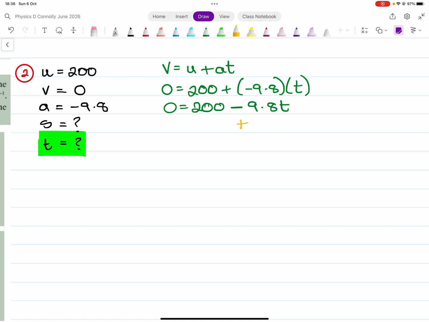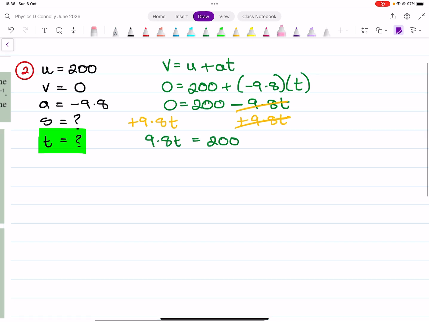If I do plus 9.8T on both sides, that gives me 9.8T equals 200, and I would like to isolate the T. So I'll divide by 9.8 on both sides.